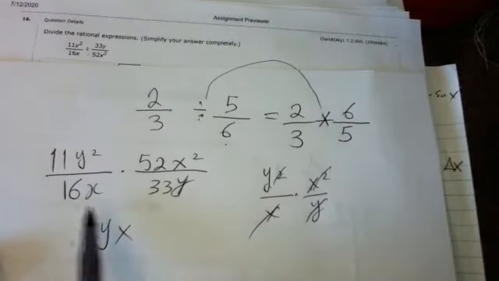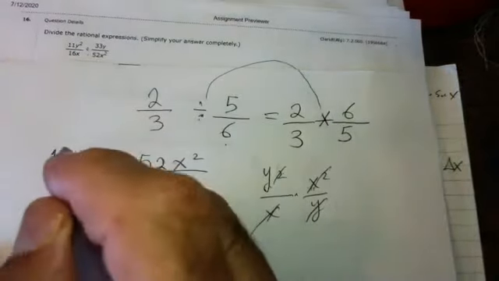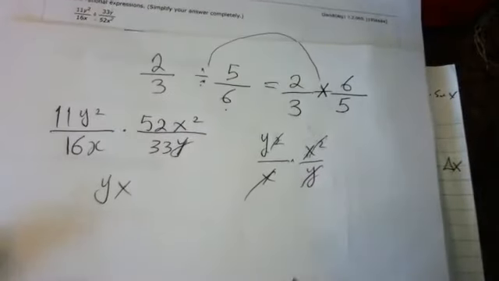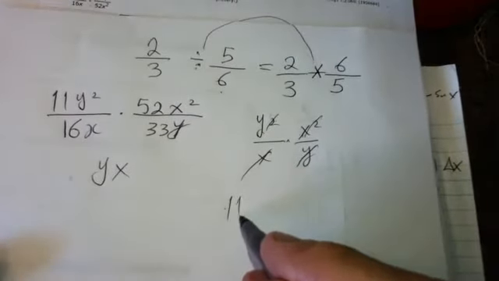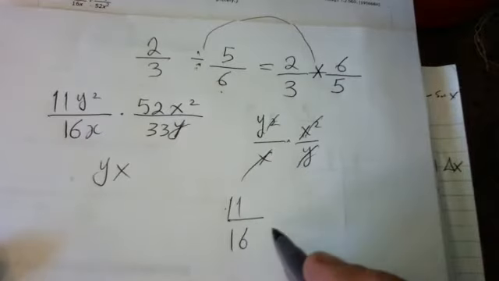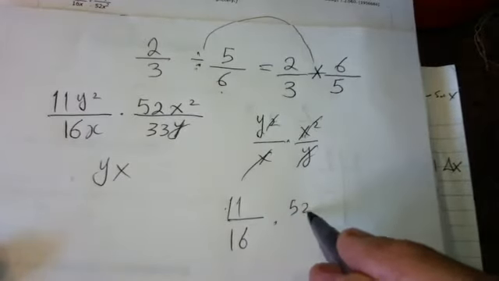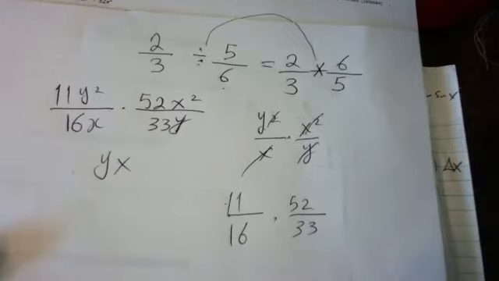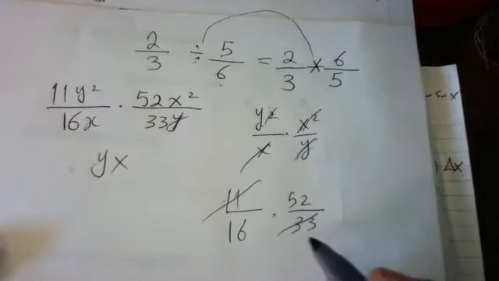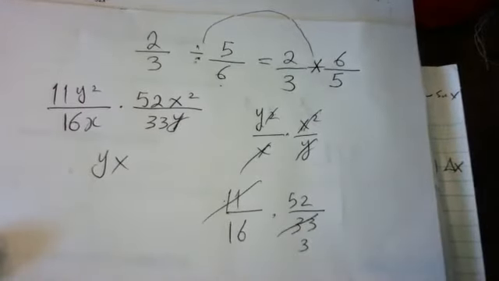11, 52, 16, 33. 11, I can do that here so you can see it better. Now you don't have to write it separately, but the reason I do that is so you could actually see how we simplify, okay? 11 goes into 33 three times. And what else?